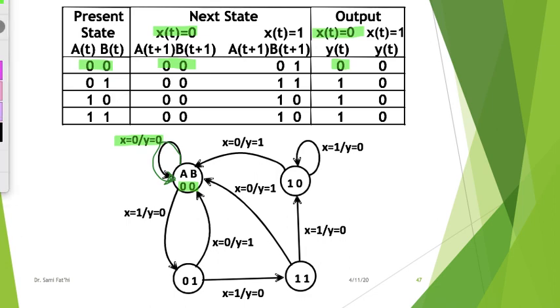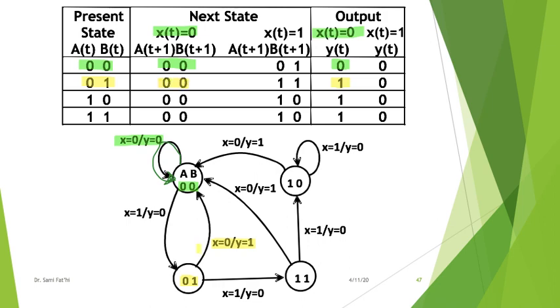Now let's see when the present state is 0 and 1. Here 0 and 1. When x of t is equal to 0, the output y will be 1. What is the next state?